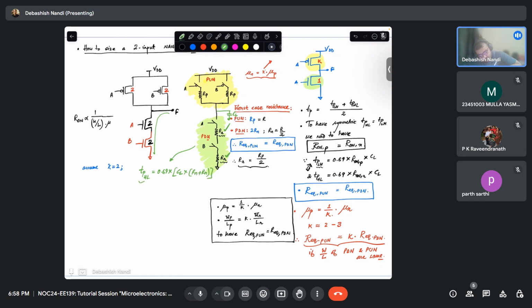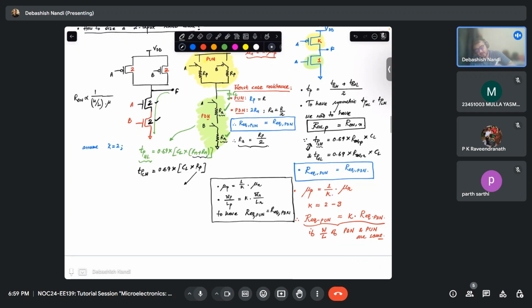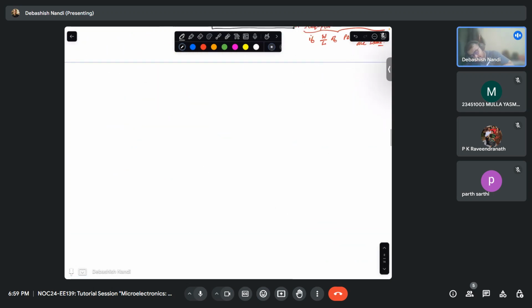Now you want to make this equal to your tPLH, that is 0.69 times CL times Rp. So this is why the size of this transistor has to be made twice. Similarly, for example, you can easily tell me, what about the NOR gate?